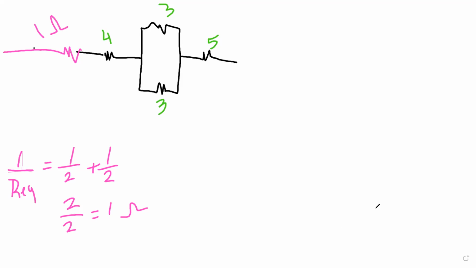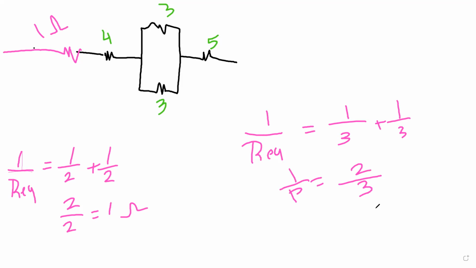Now let's talk about the second parallel circuit, which is 3 and 3. I need to find now the equivalent resistance. So here 1 over R equivalent will be 1 over 3 plus 1 over 3, which will be 2 over 3. This is 1 over R equivalent.